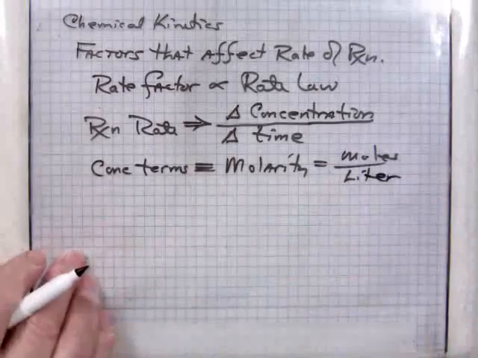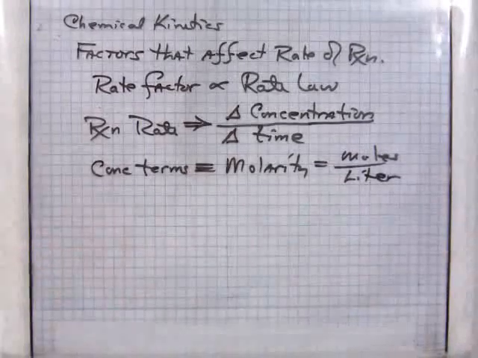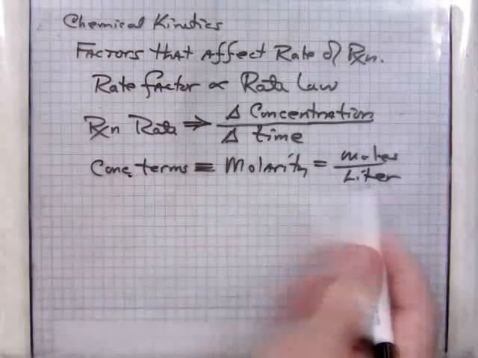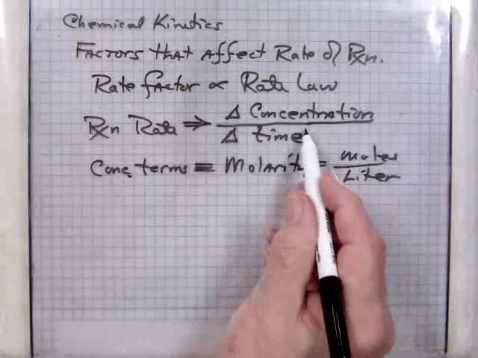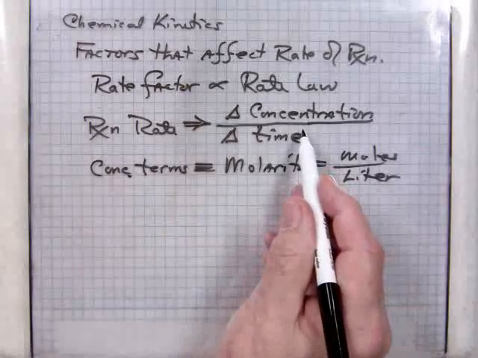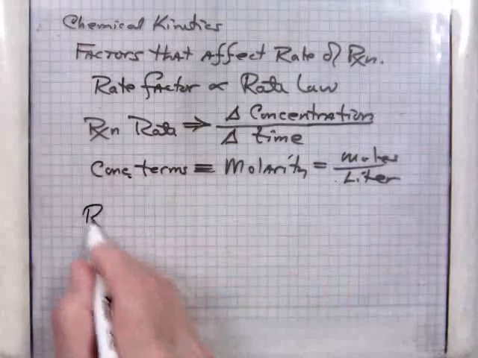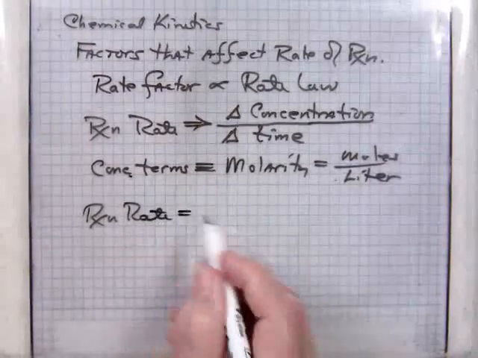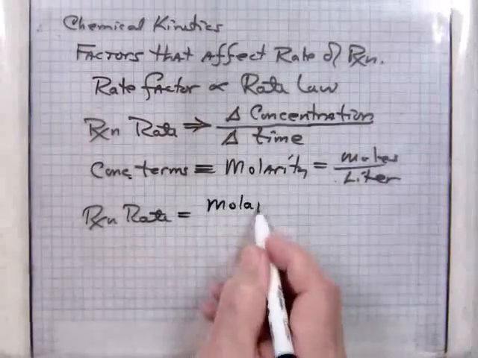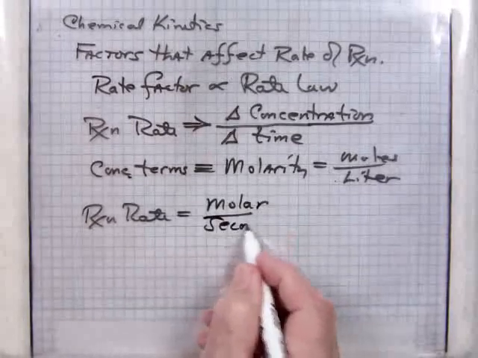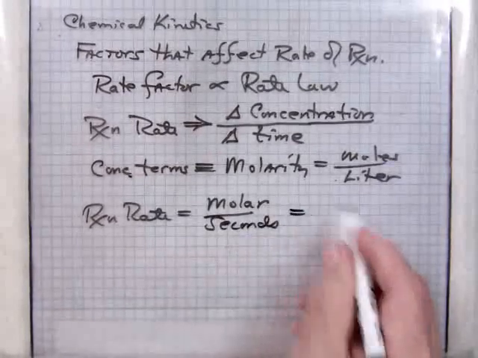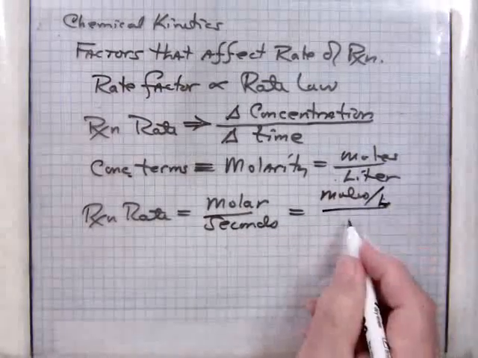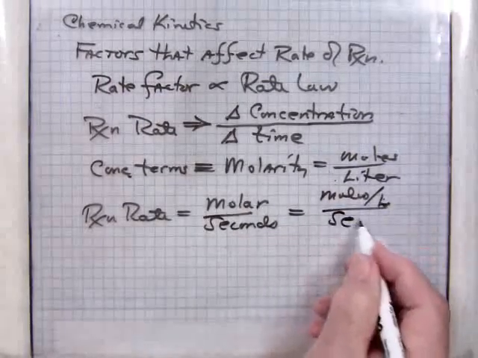Of course, time is in seconds. So when we put these terms into the definition of rate, then we have reaction rate units of molar over seconds, or moles per liter divided by seconds.